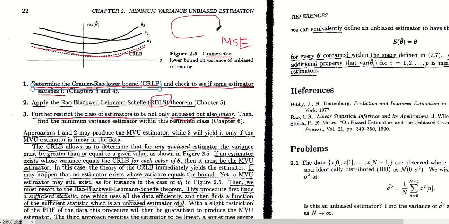Imagine you have a set of estimators, and this could be unbiased, and also there's a class of linear, and then you take the intersection, you will see that it's more limited. In this region, it's linear and also unbiased, and it makes it easier. But of course, you have more limitations. Then find a minimum variance estimator within this restricted class.